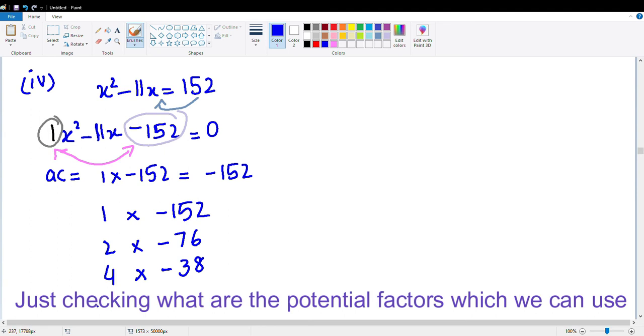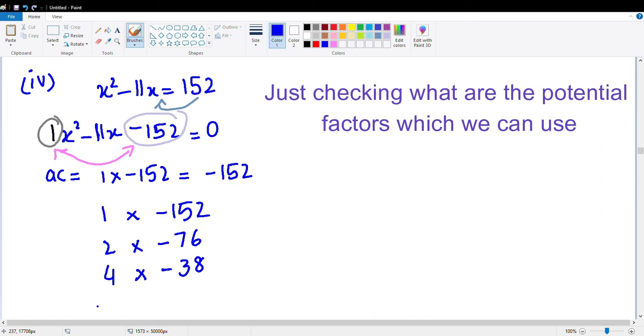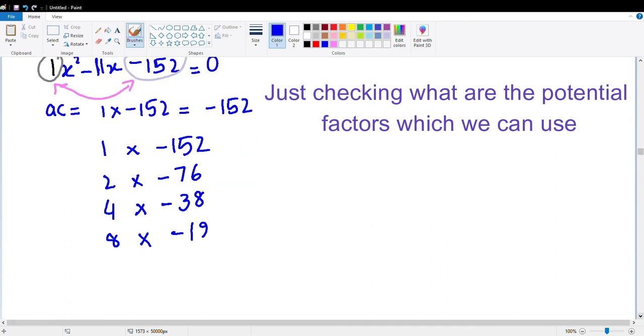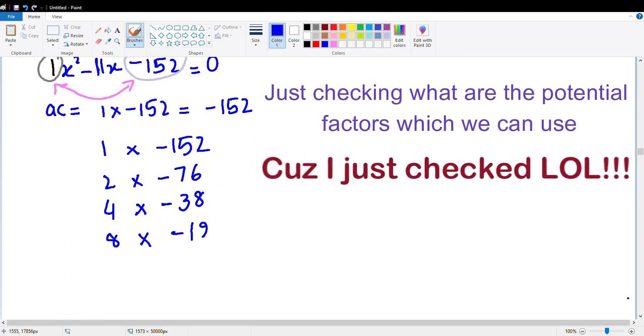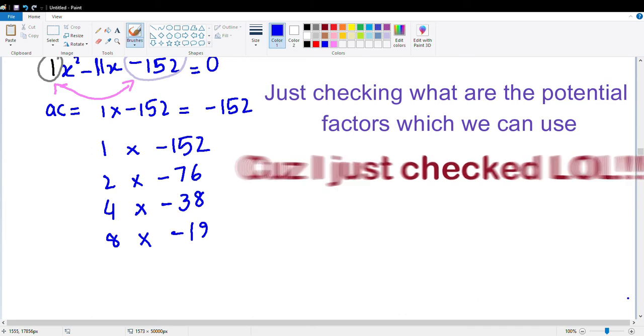And do we have 7? Nope. And what about 8? Yes, so we have a winner, ladies and gents. It doesn't go on 5, 6, 7, or 3, but it goes on 8.